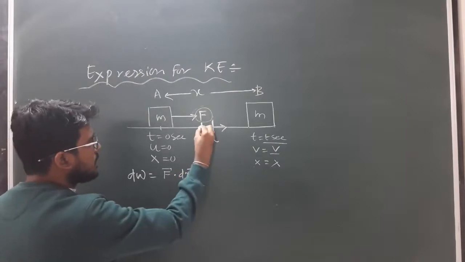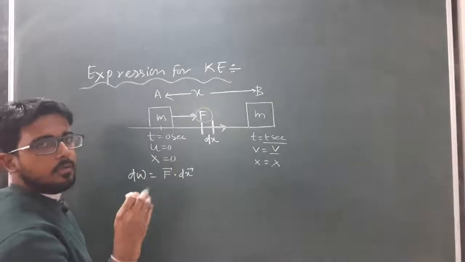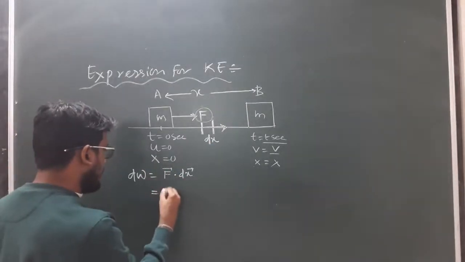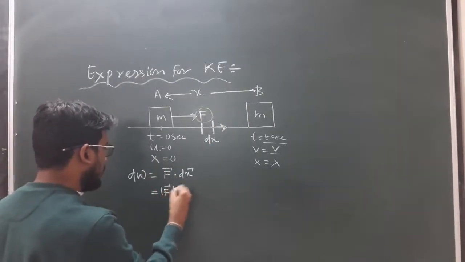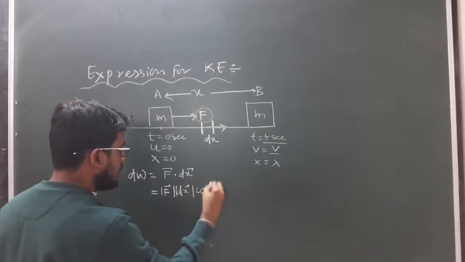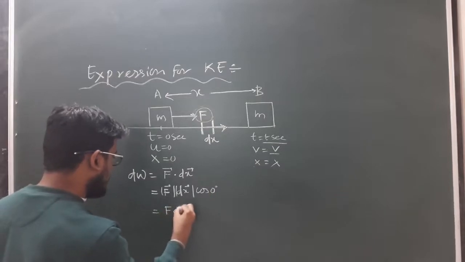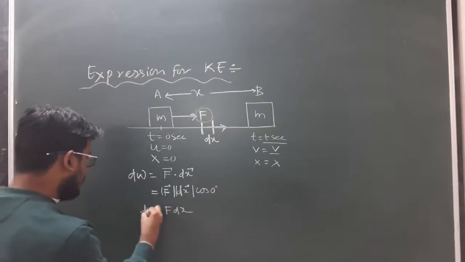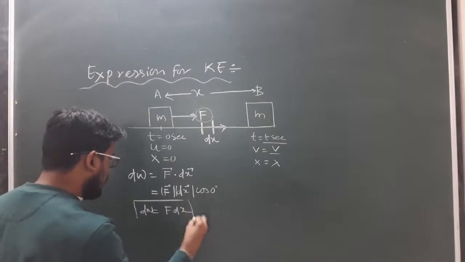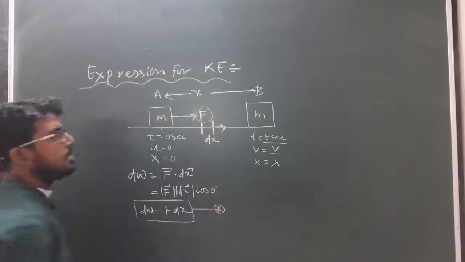As here the displacement and applied force are along the same direction, theta will be 0. So this can be written as |F||dx| cos theta, that will be cos 0 degree. So this will become F dx equal to dw. This is the small amount of work done by displacing the block with dx.